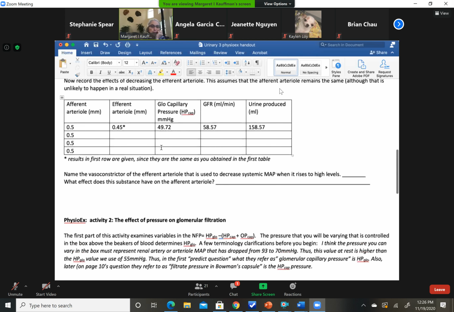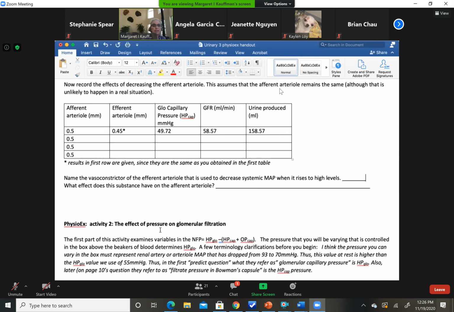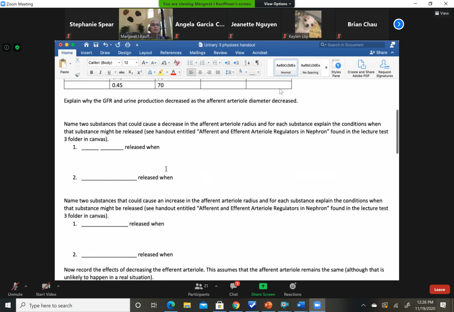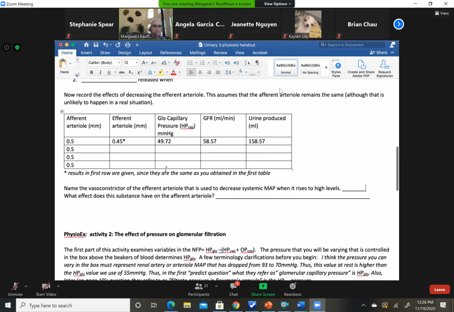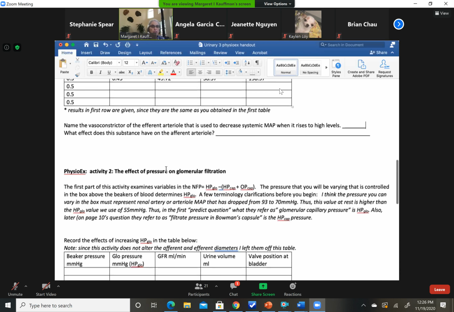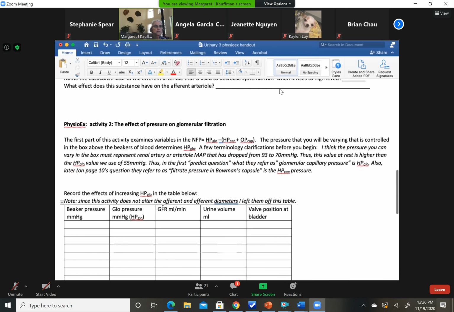So we went on to activity 2, and this is the effect of pressure, and that's what I said the next activity is going to let you do, vary that pressure. Okay, so on my data, we had sort of systematically changed this pressure and then watched how it changed this pressure and the filtration rate.